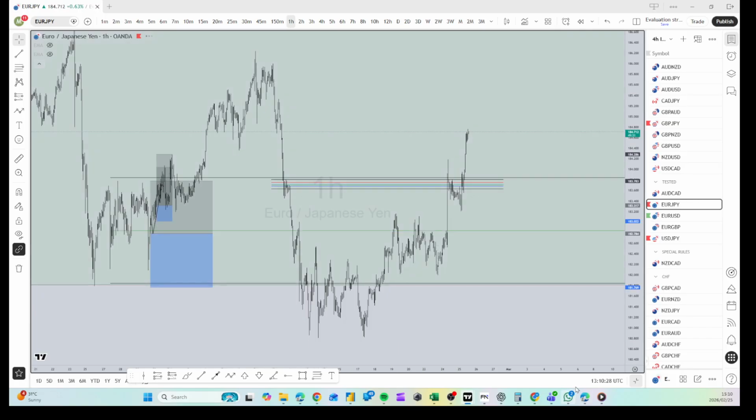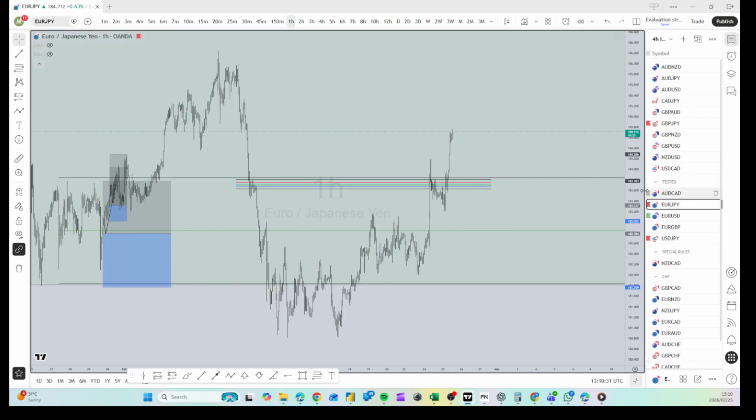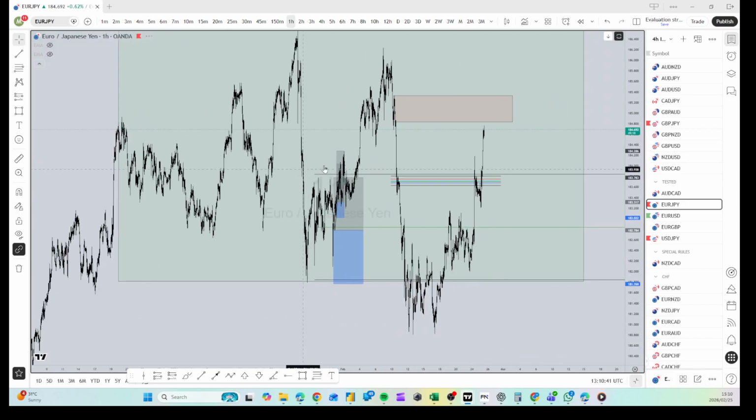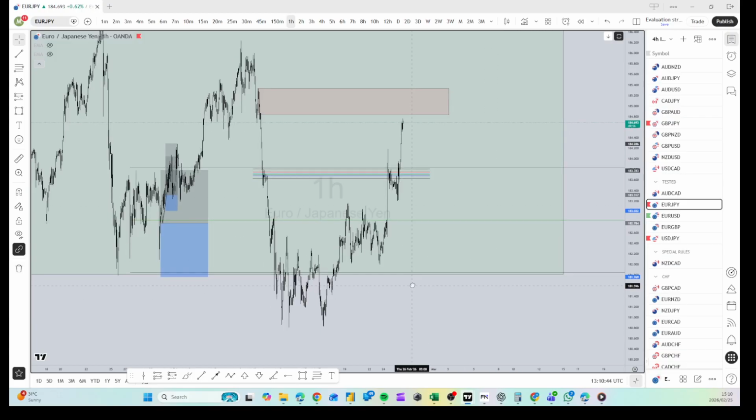Same logic for all these pairs. They are correlated, so I'm gonna take all of them at once if I get the opportunity. The levels are similar and the logic is gonna be similar as well, because they are all Japanese yen cross pairs.